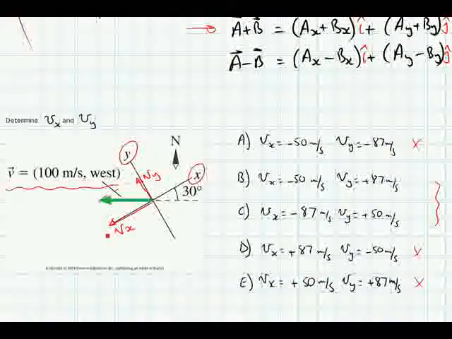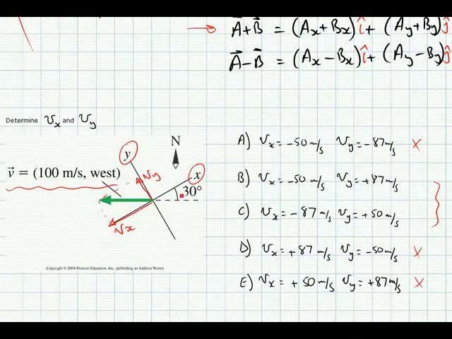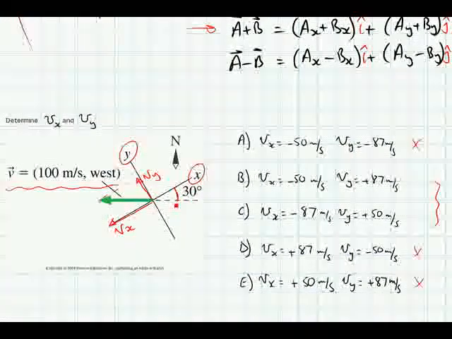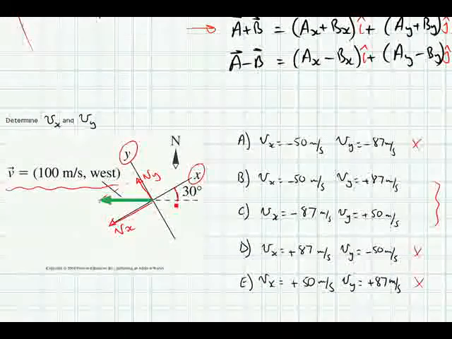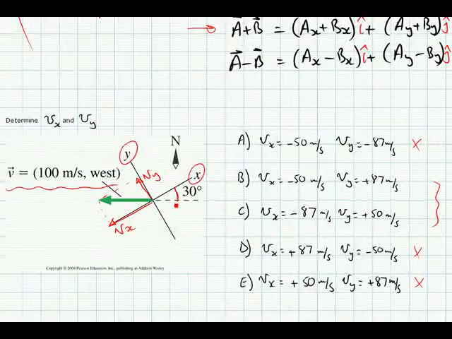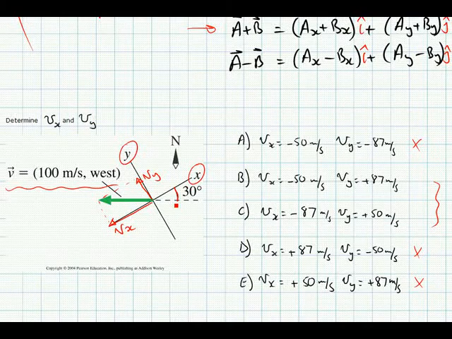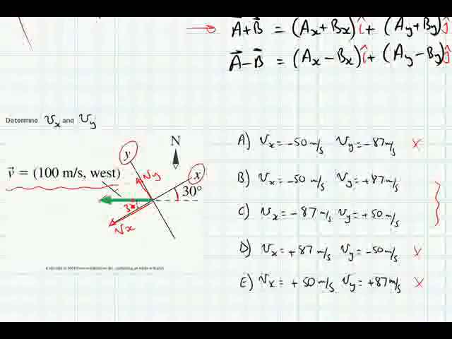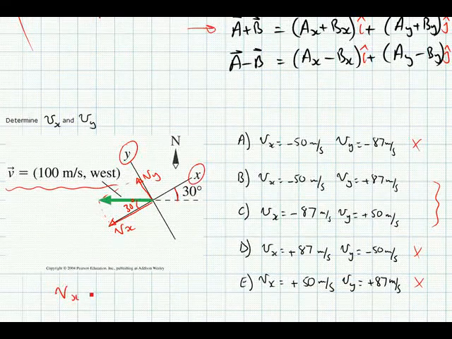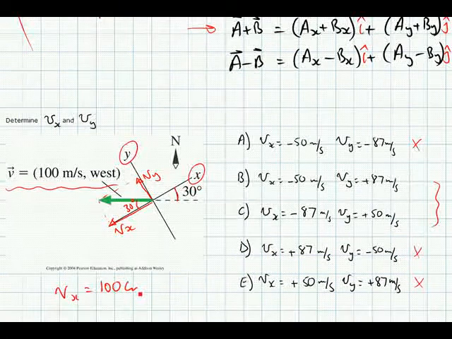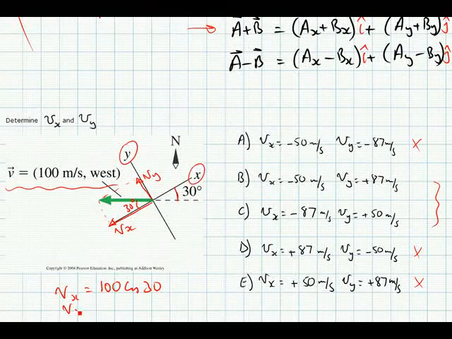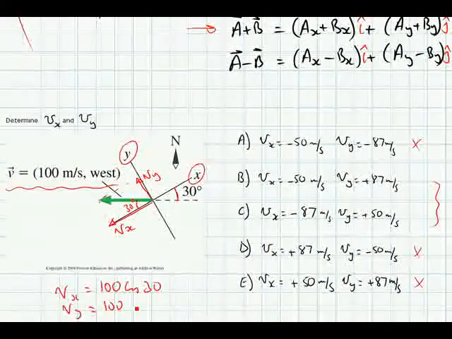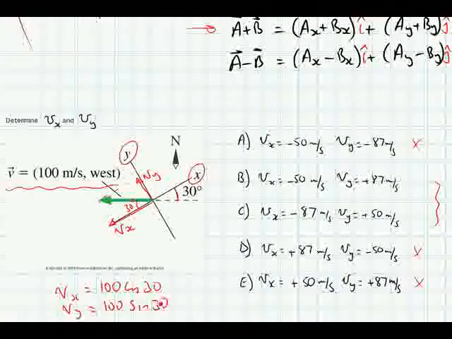Now, what is vx? We've shown the angle with which our Cartesian coordinate system is tilted with respect to north. If that angle is 30, then we know that this angle is 30. Then vx is equal to v, which is 100, times cosine of 30, and vy is 100 sine of 30.